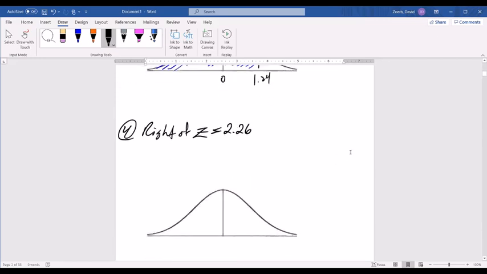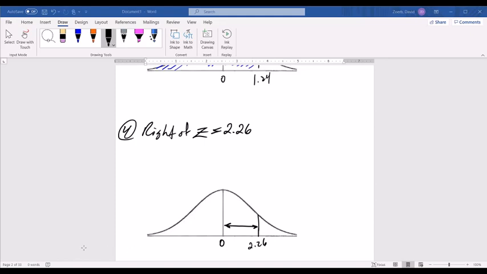Now I want to the right of 2.26. So I have 0, and 2.26 is somewhere to the right. Double arrow. And now I can look up 2.26.